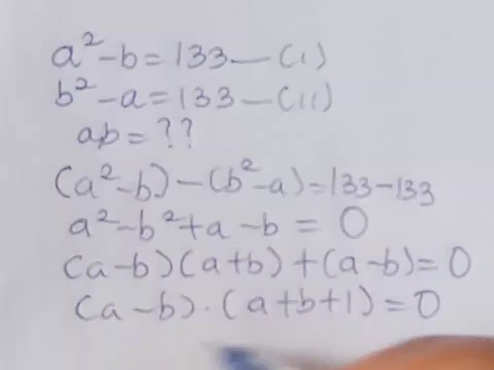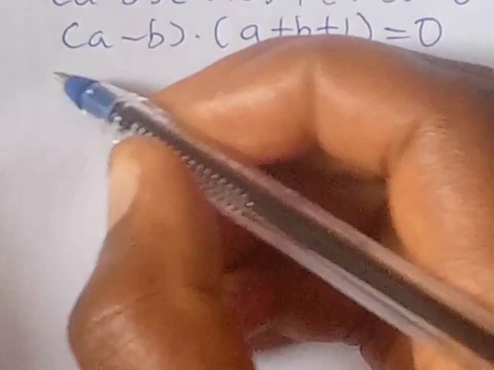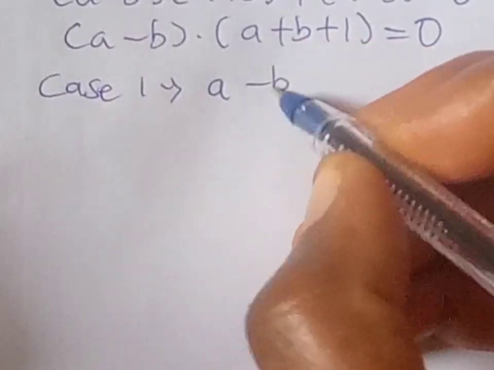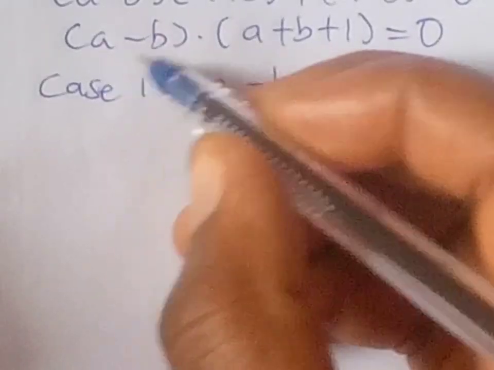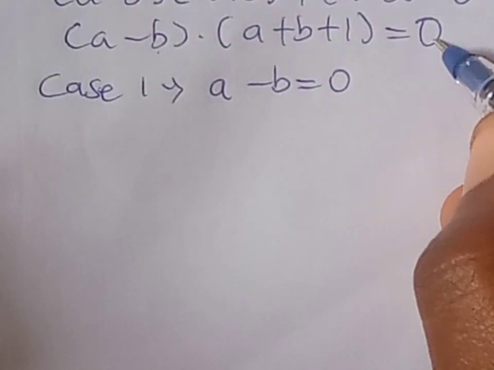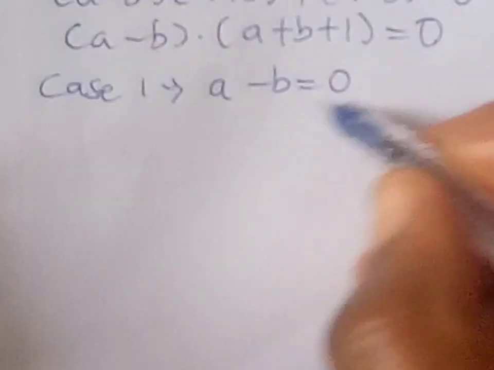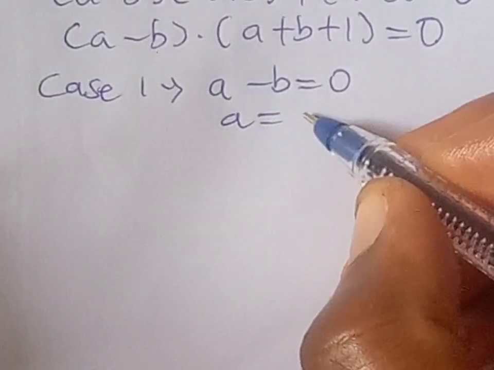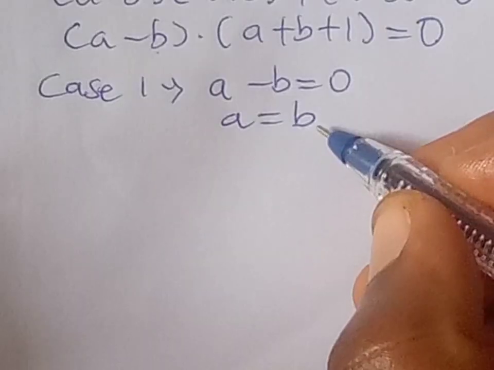Now, this gives us two cases. Case 1 is what? a minus b equals 0. So by the time we simplify this, we are going to be getting what? a equals b.